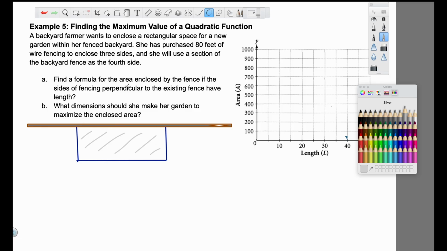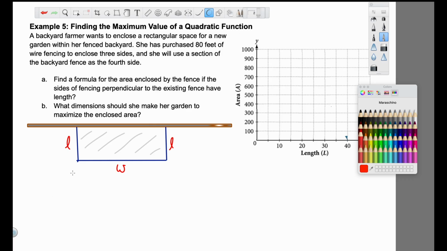Write a formula for the area enclosed by the fence if the sides of the fencing perpendicular to the existing fence have length L. So we're saying that this is the length, perpendicular, and then we can call this the width, because area is length times width.